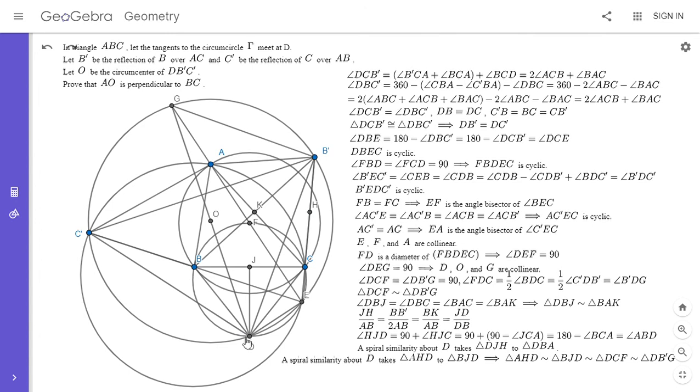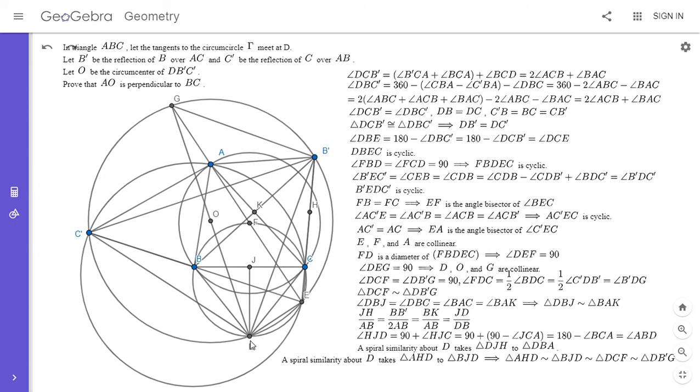And triangle BJD, it's very easy to show that it's similar to triangle DCF because they're both right triangles and they both share a common angle. And triangle DCF, we mentioned before, is similar to this triangle DB prime G. I mentioned that right here.